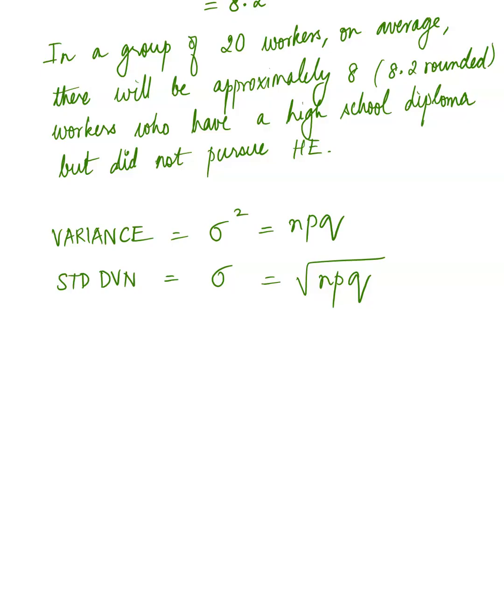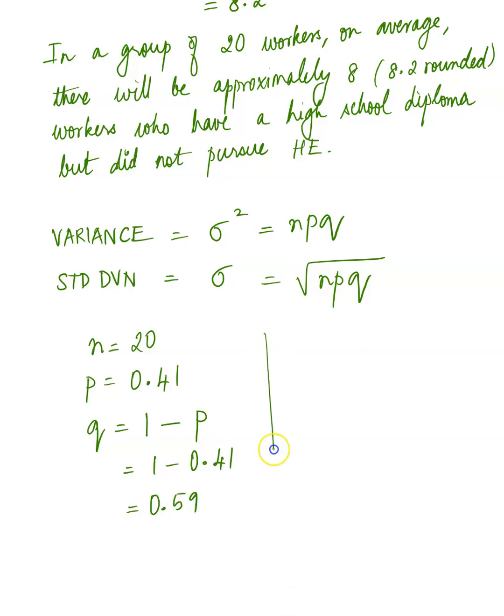Well, we need N, P and Q. We have N as 20. We have P as 0.41. We do not have Q given to us, but we know Q is 1 minus P. So do 1 minus 0.41, which is 0.59. Okay? And so if we were to find sigma squared, that's NPQ, which is 20 times 0.41 times 0.59.